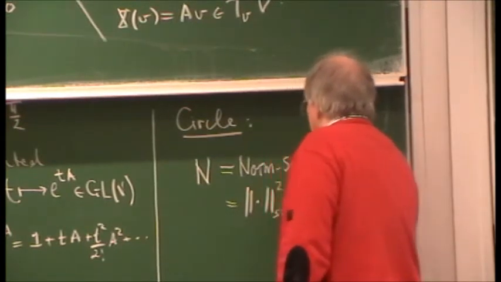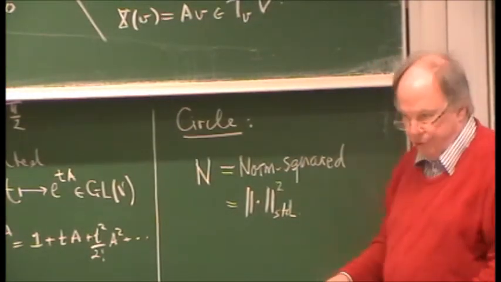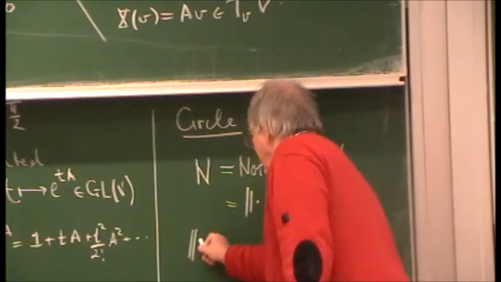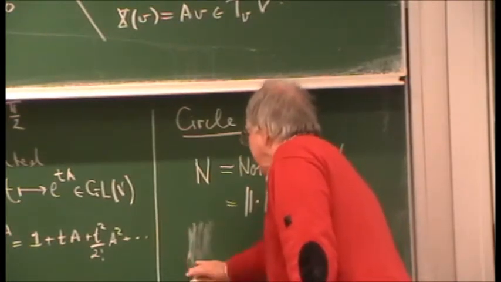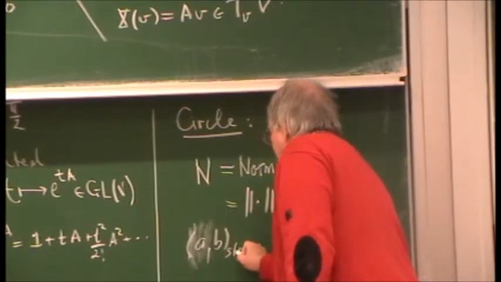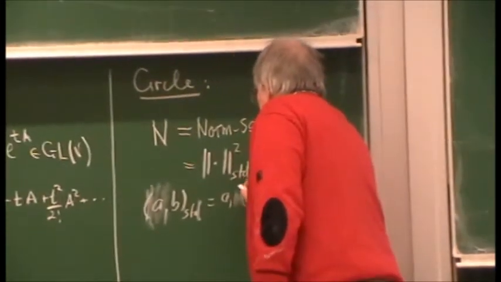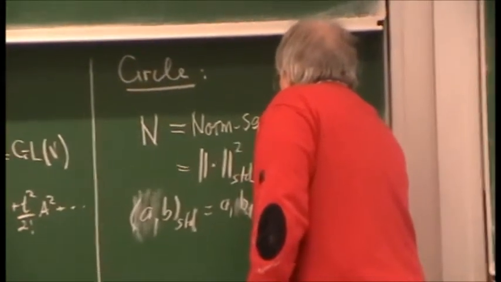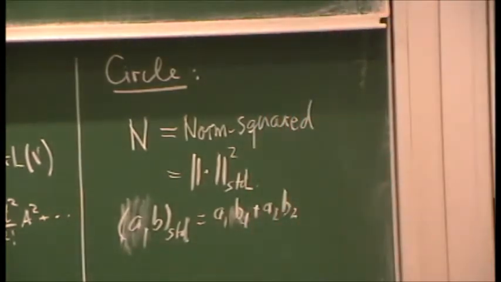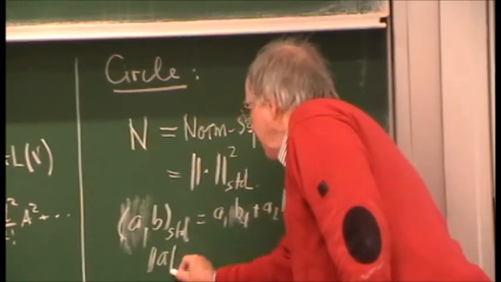And in the standard Euclidean geometry, let me remind you what the norm of a vector is. Let me remind you of the standard inner product. The inner product of a and b over the reals is just a1 b1 plus a2 b2. So this is the standard Euclidean geometry. The standard norm is just as you know it.